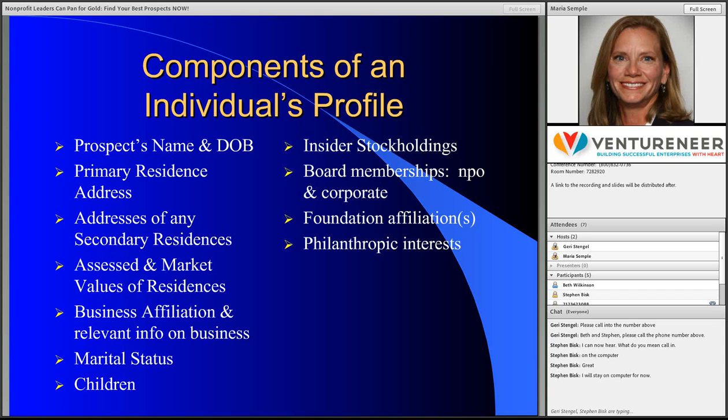And this is probably a good time to mention to you that a donor or a donor prospect has the right to walk into your office at any time and ask to see their donor records.